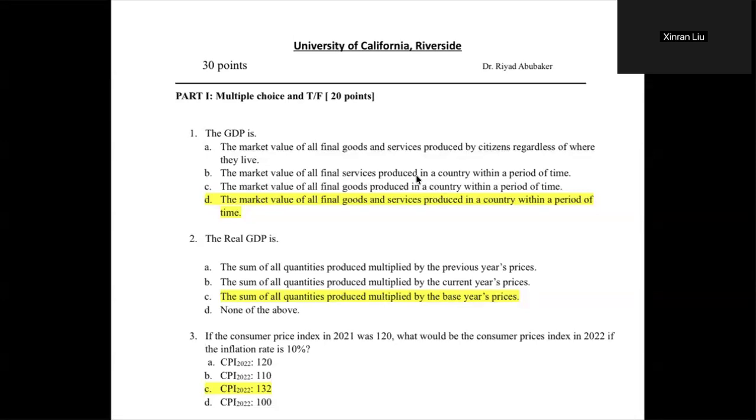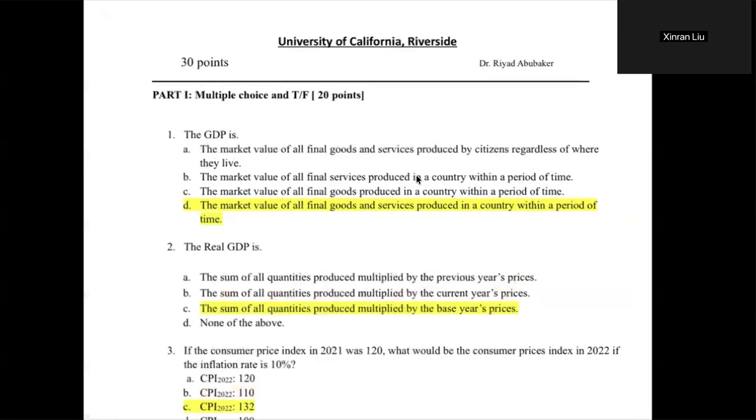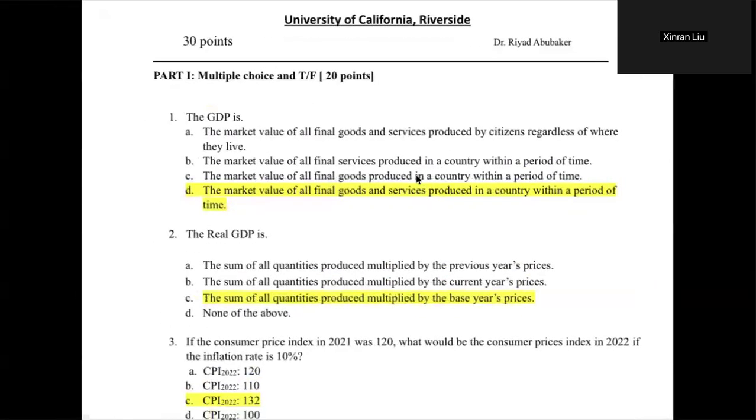Okay, so this is the answer for your midterm. First one was the definition of the GDP, and second one was the definition of the real GDP. The difference is that the GDP is the market value of all final goods and services produced within a country within one period of time.